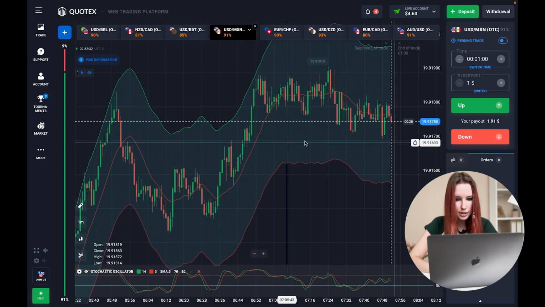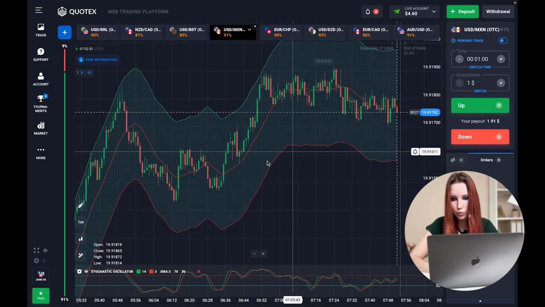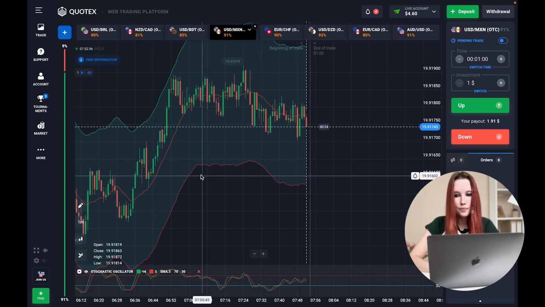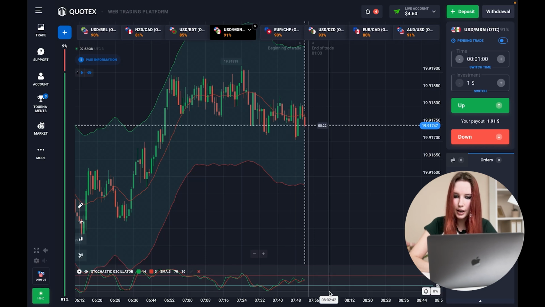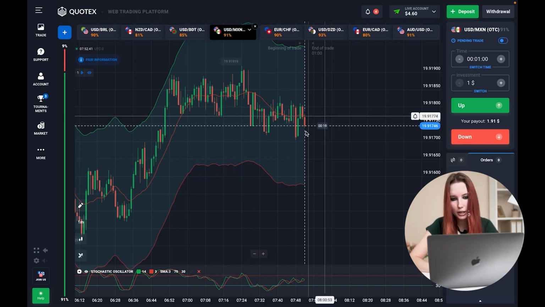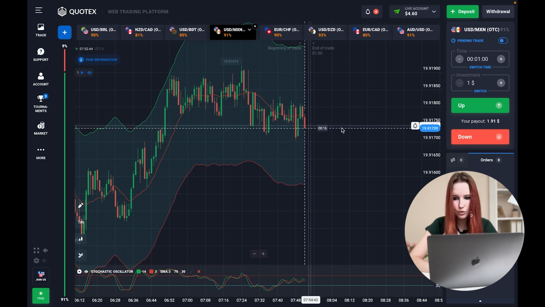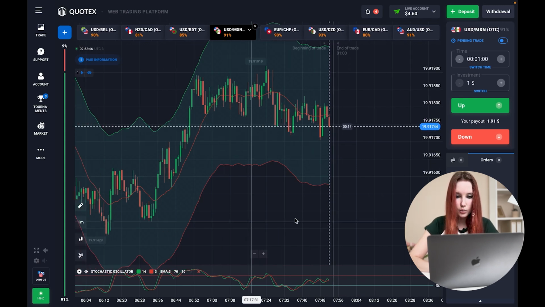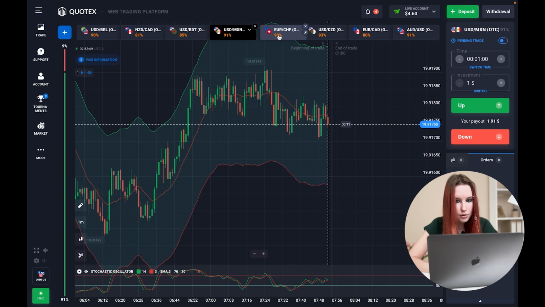Alright, and here guys, look, we have an overall upward trend, but look at what's happening on the stochastic. The price is now in a small zone of consolidation, and it's quite dangerous to trade in such situations. Well, let's come back a little later. Moreover, this currency pair has a pretty good payout percentage.